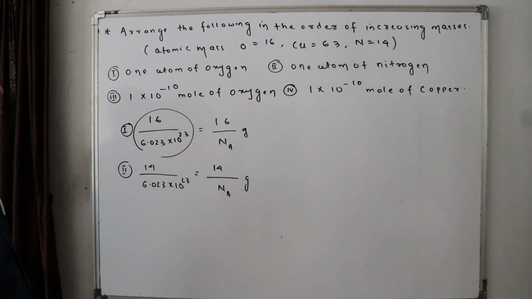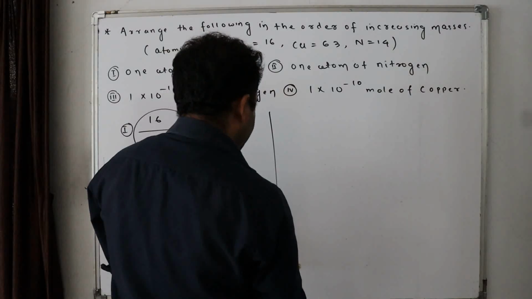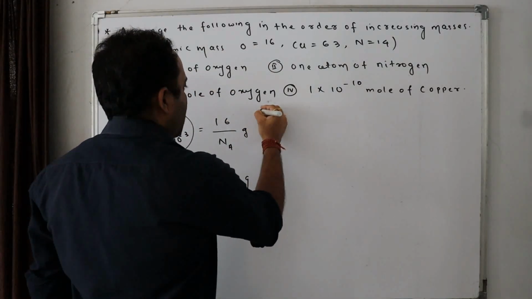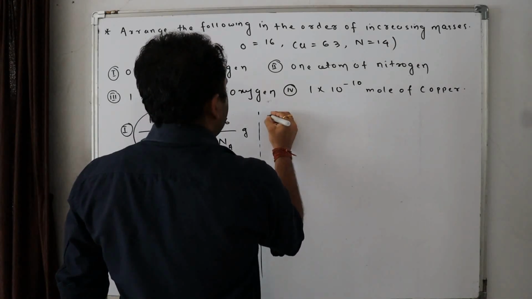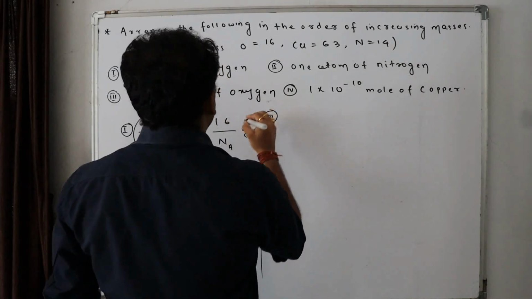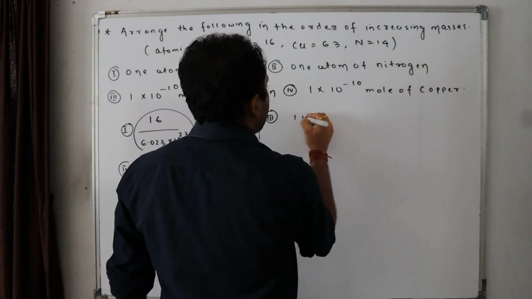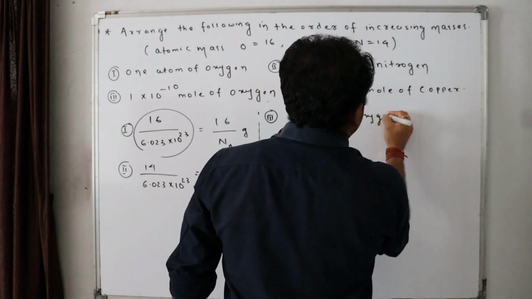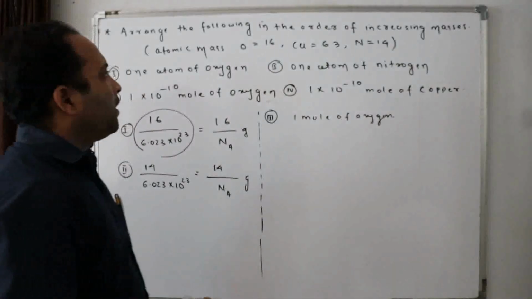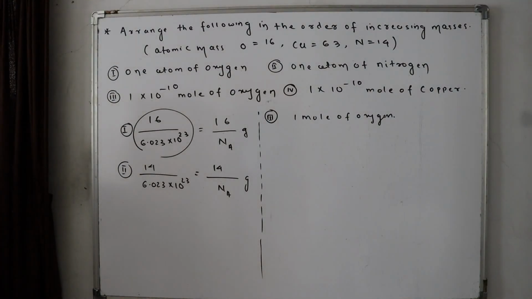Now, let us come to the third case. 1 into 10 to the minus 10 moles of oxygen. Here the question comes: they don't tell us whether oxygen is atoms or molecules.